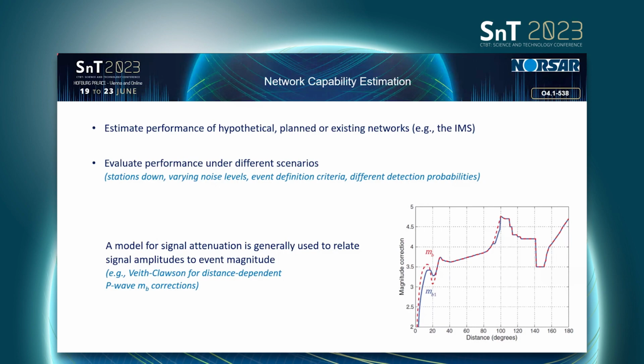Sometimes you request 3 stations, sometimes 4 stations, and also different probabilities of detection. Common for most of these methods is a model for how the seismic waves propagate through the Earth. A well-known model is the so-called Veith-Clawson distance-dependent P-wave mb corrections, which you see on the lower part of this slide. That is commonly used for P-waves.